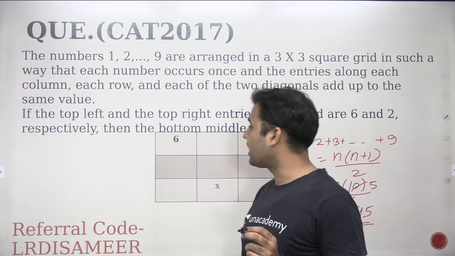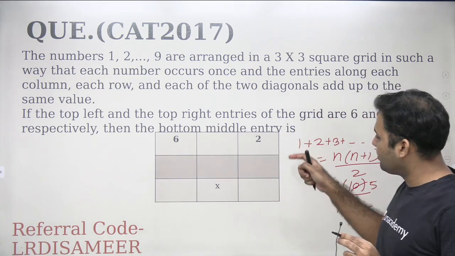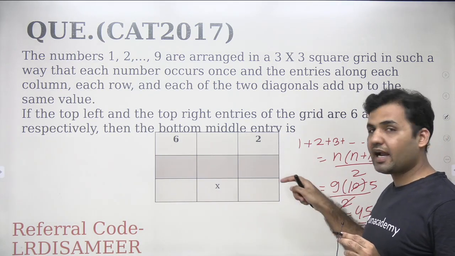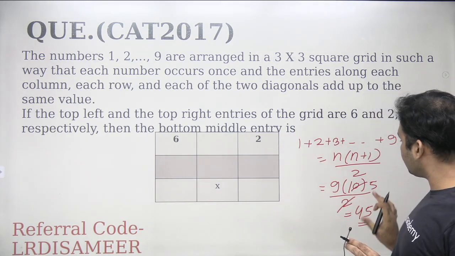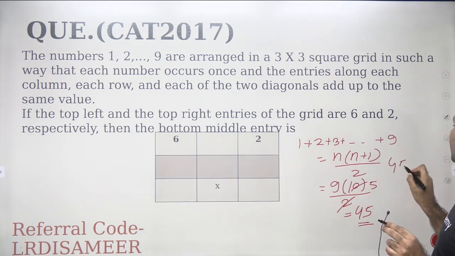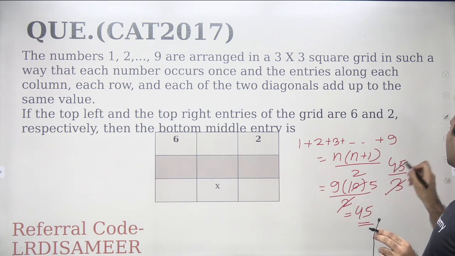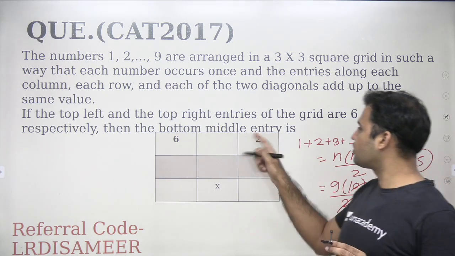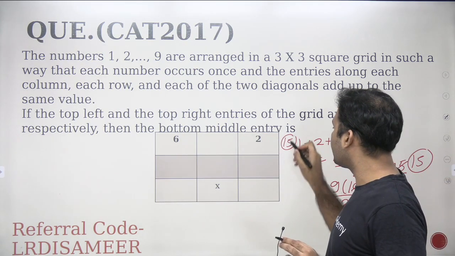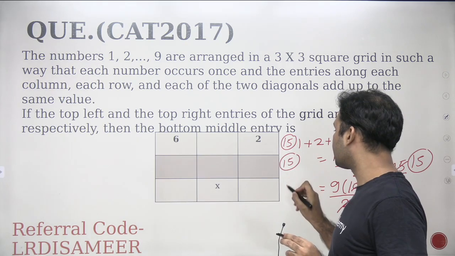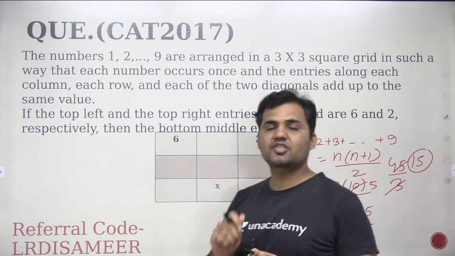Now, if the total value is 45, every row adds up to the same value. That means this total of 45 is equally divided among these 3 rows. So the total of every row has to be 15.